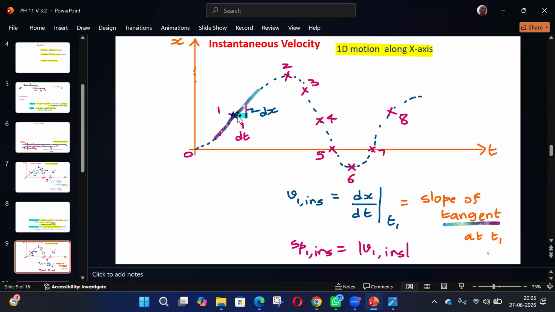So that is the slope of this line, which will become a tangent, because this secant will touch the curve at only one point, since dt is almost zero. The secant intersects the curve at one point accurately. I'll just explain that.